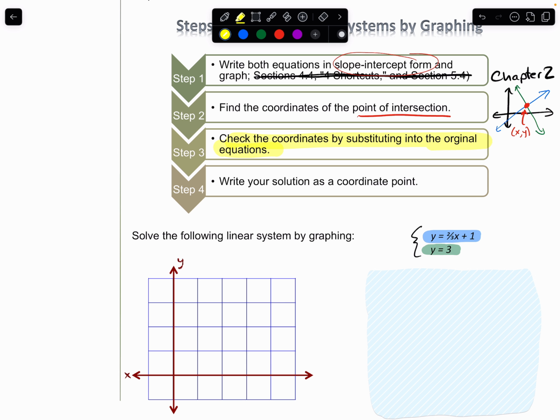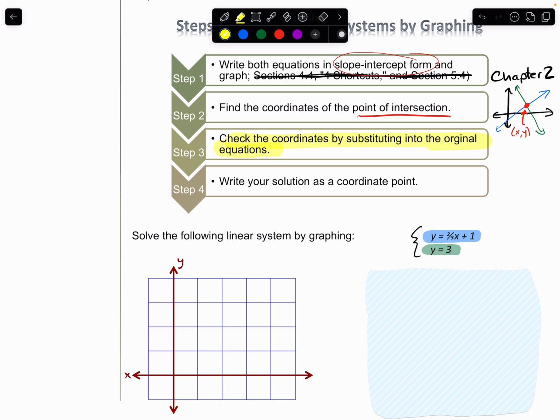It's one of the reasons why I like chapter 3 so much, is because you can always check to see if your answer is correct. And really, why would you not want to take that step and find that out? So for all of these problems, it's really important. You need to be checking your answer to make sure that it's correct.